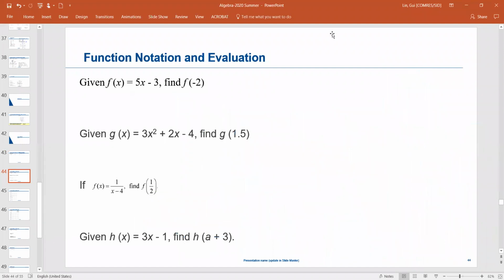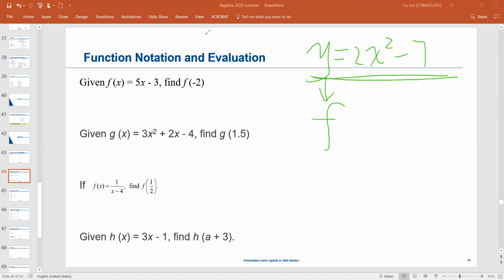All right, let's see this one. So this is new, though I think you guys may have done this before. Earlier we said y equals something like 2x squared minus 7, like this one. Right now we change the y into this. This is called a function.